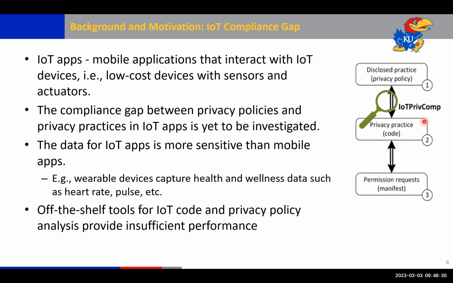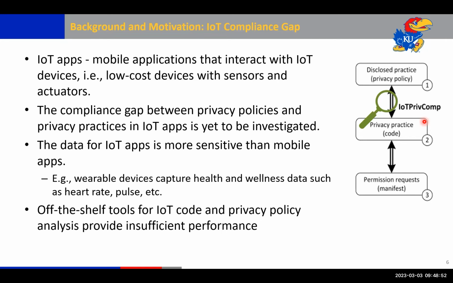The problem here is why we thought it's worth studying. Other mobile apps like WhatsApp have been studied. WhatsApp is a mobile app. But the data the IoT devices capture could be much more sensitive. Think about it: the watches you are wearing are capturing your ECG data, your steps, your geolocation.